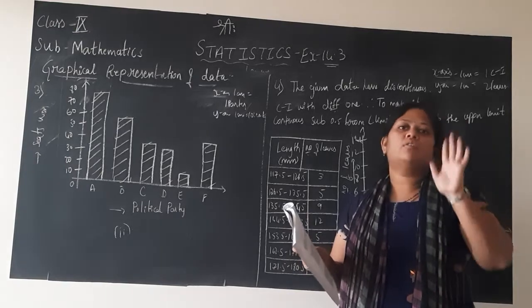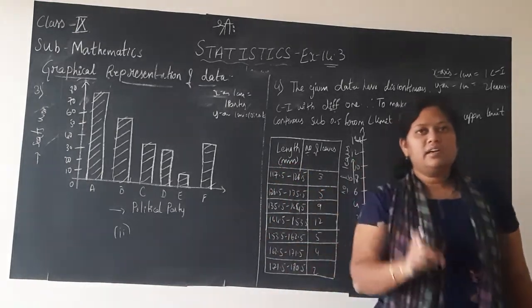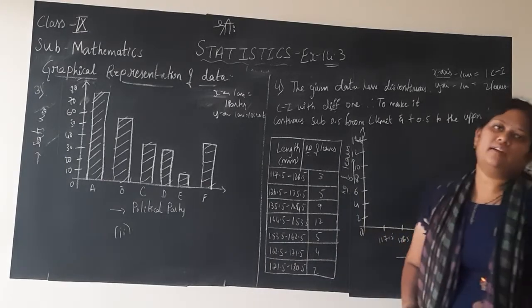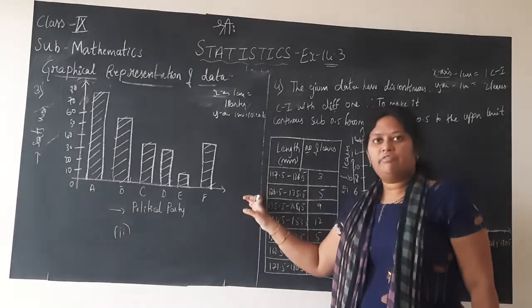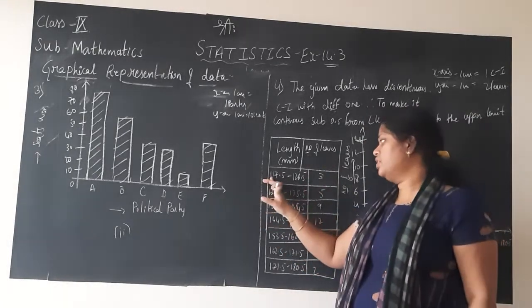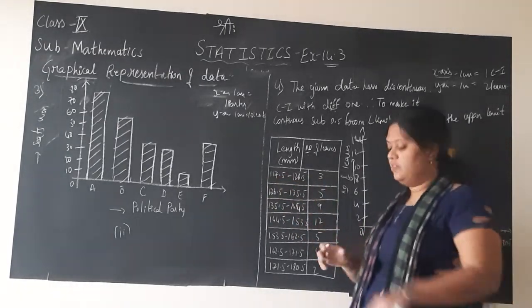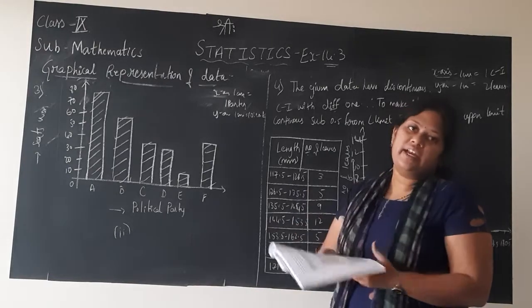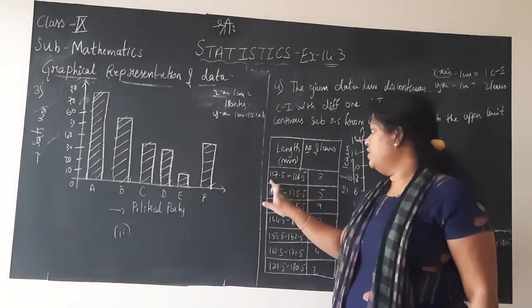The moment you hear histogram, you should know to observe whether the given class interval is continuous or not. If not, make it continuous. How do you make it continuous? By subtracting 0.5 from the lower limit of the class interval and adding 0.5 to the upper limit. Here, children, we have 118. 118 minus 0.5 is 117.5.